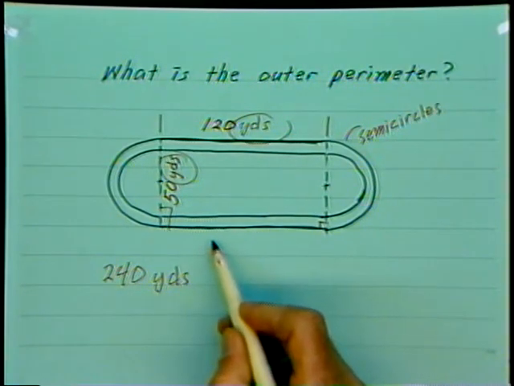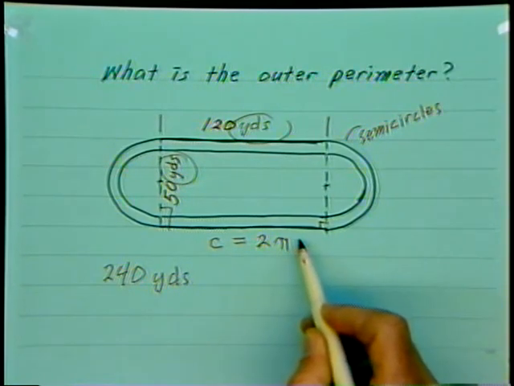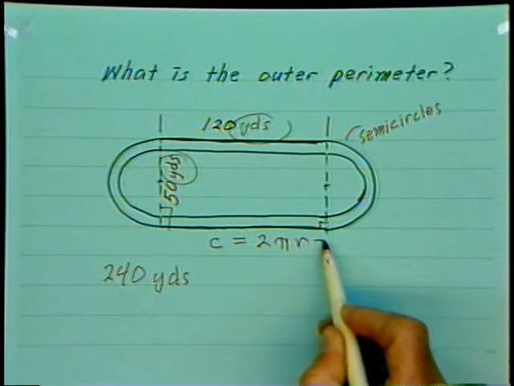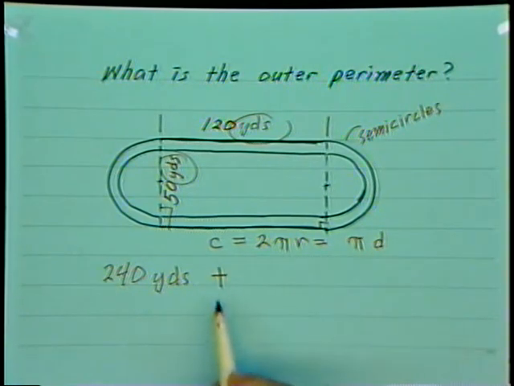Then the circumference of a circle is 2 pi times the radius, or if you would, pi times the diameter, which I will add on to this piece here.